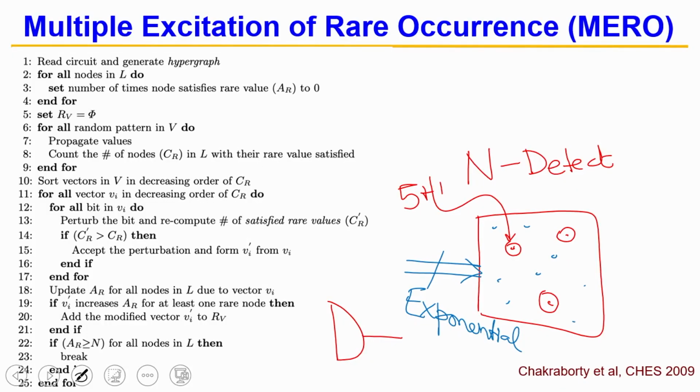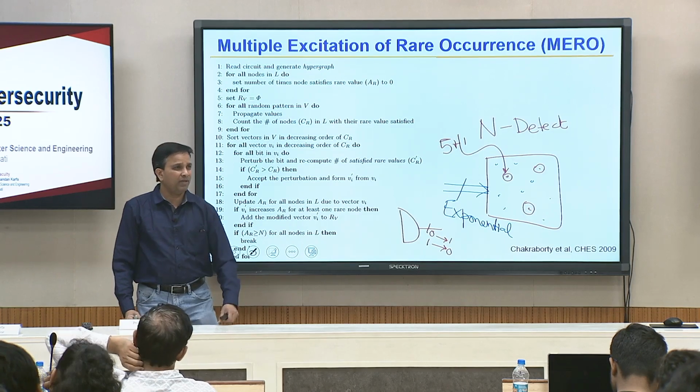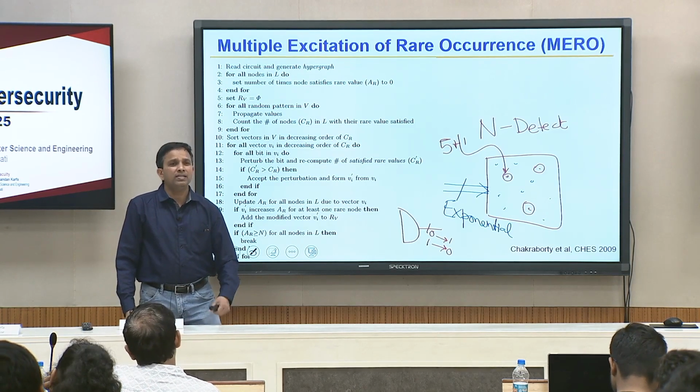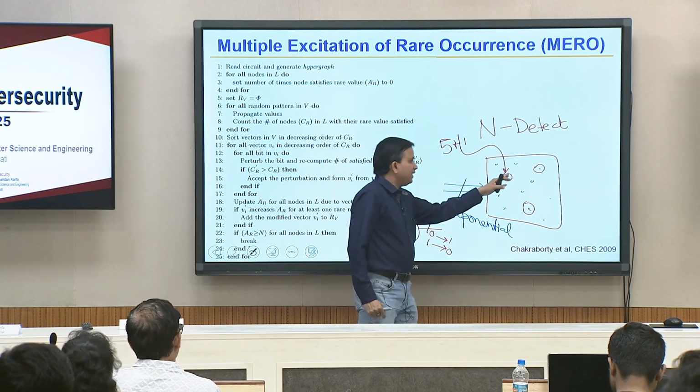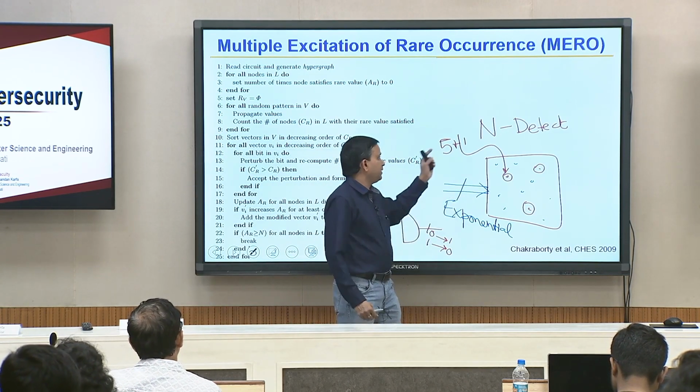This is not the trigger, forget about the trigger for a moment. Activated basically means earlier it was 0, it got changed to 1, or earlier it was 1, it got changed to 0. That is what activated means. It changed the value, it created a switching, something happened. That we call an activity. You apply a test that created an activity there, you increment the counter.